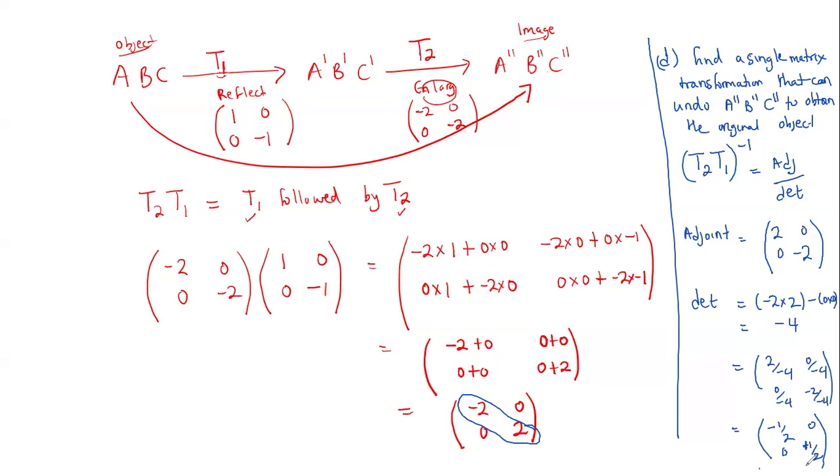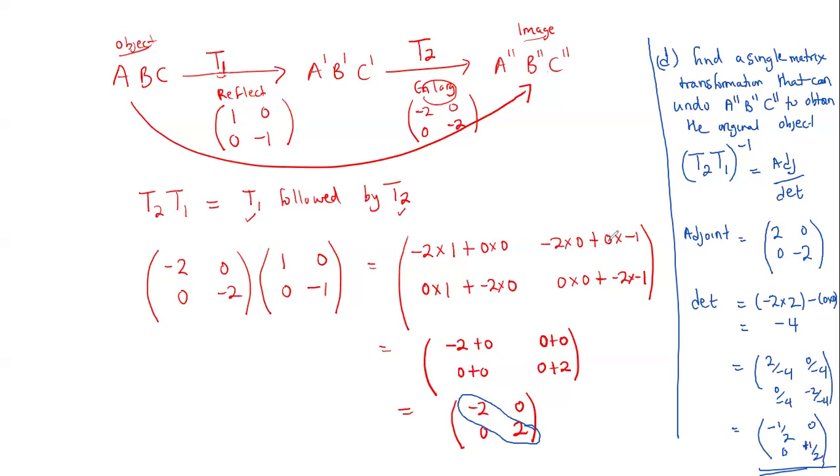The moment you get this matrix and multiply it, you'll find yourself going back to the original thing you had. So that is when, in case they ask you how to undo. Okay, members, you can let me know whether we are on the same page. Are we on the same page?